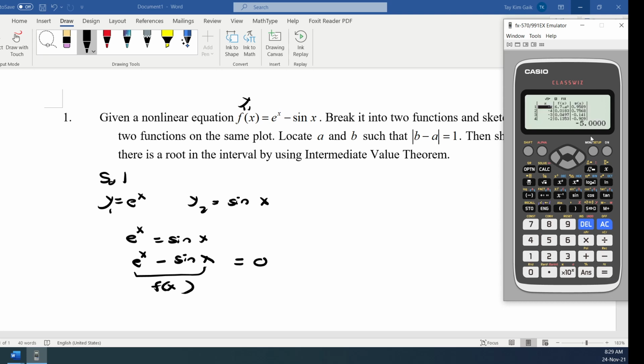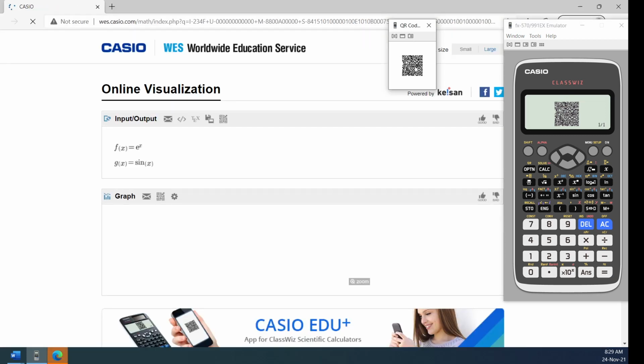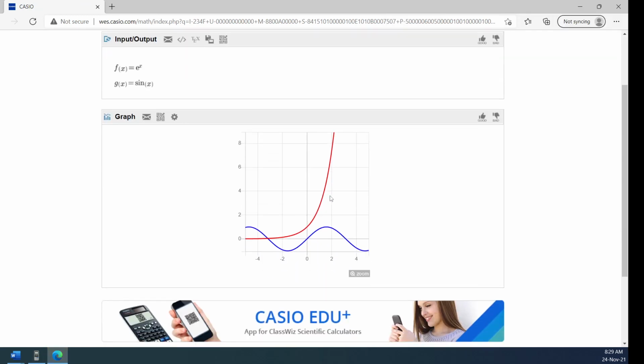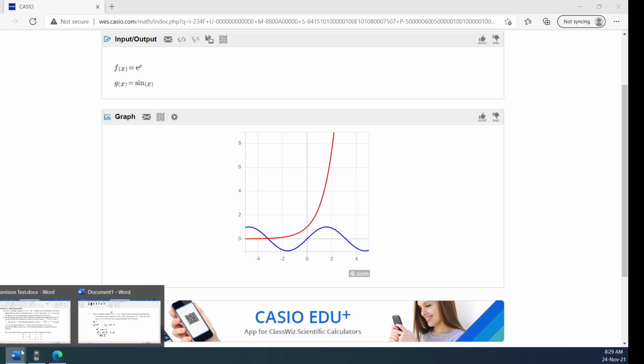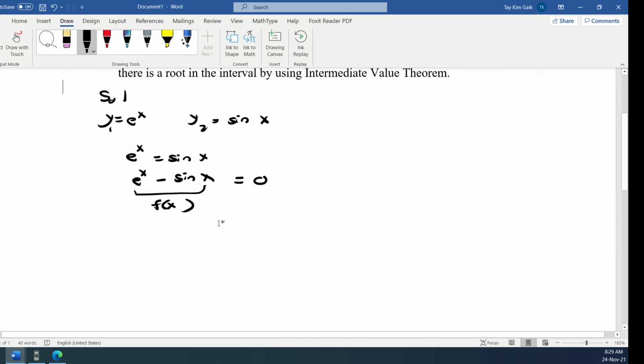Then you can get the graph by scanning the QR code. So you see the graph here.